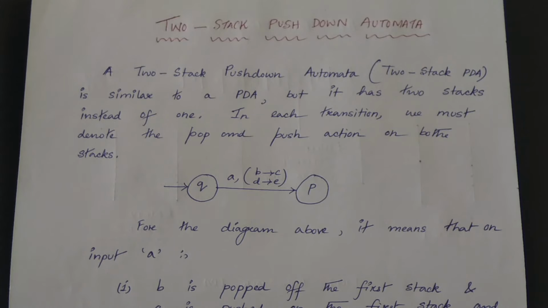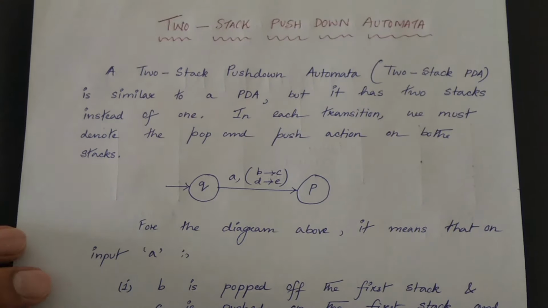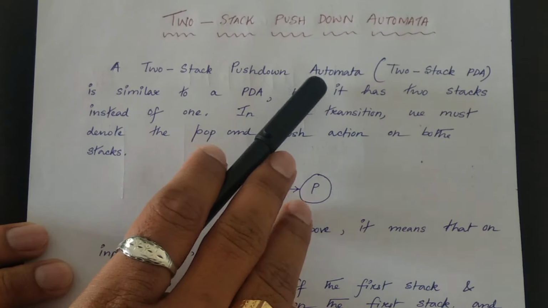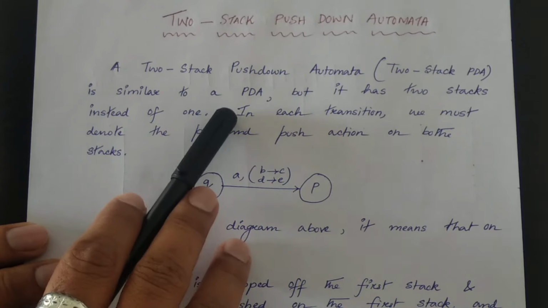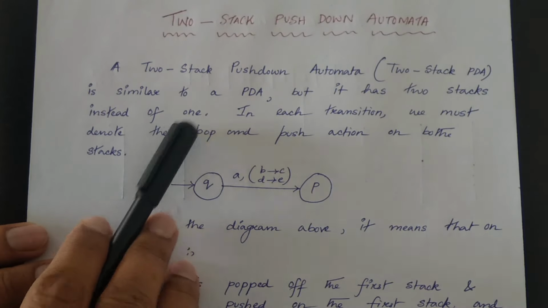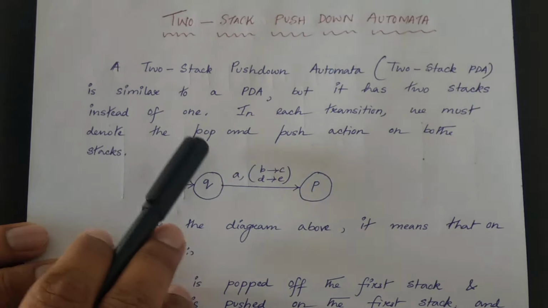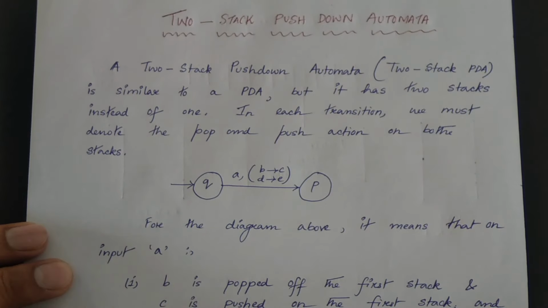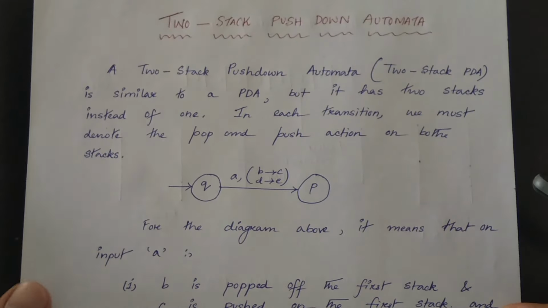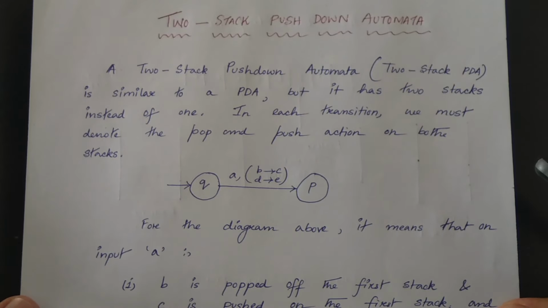If you check the definition, a two-stack pushdown automata, generally written as two-stack PDA, is similar to a PDA, but it has two stacks instead of one. So in each transition we must denote the pop and push action on both the stacks. Clear? So that means here we will be using two different types of transitions, one for stack 1 and the other for stack 2. I will let you know the diagram as well, where you can understand easily.